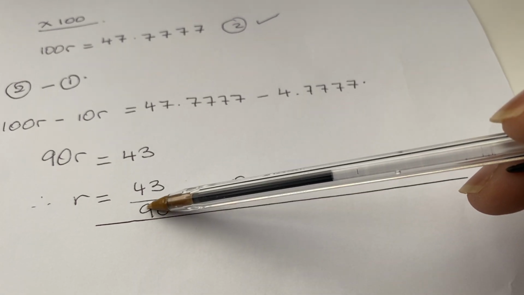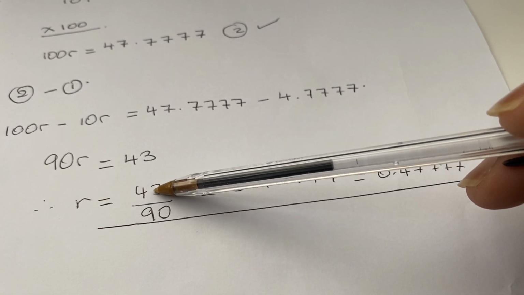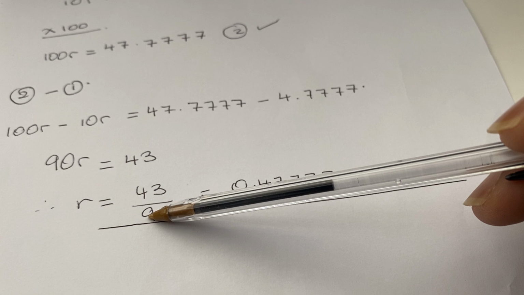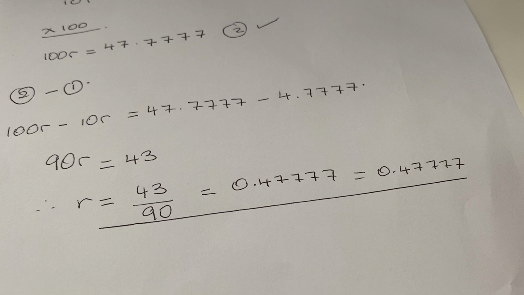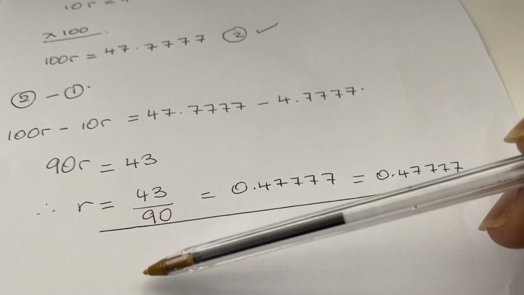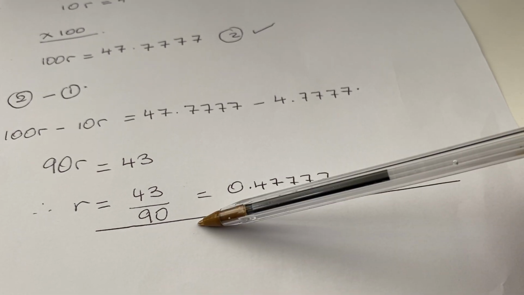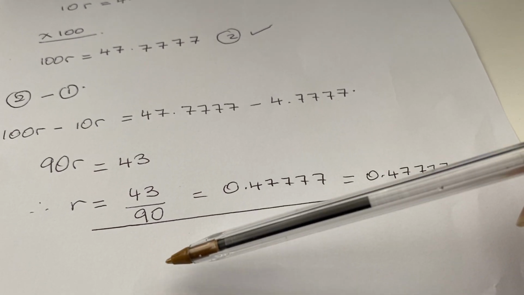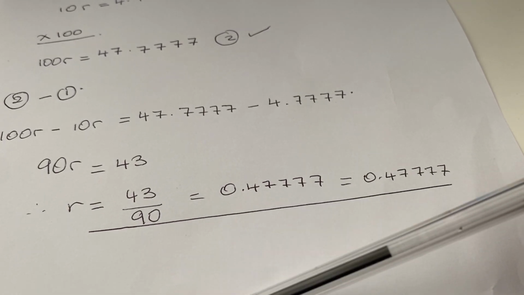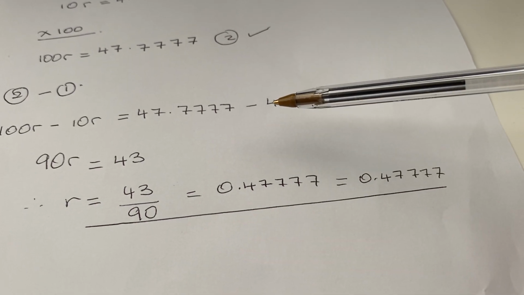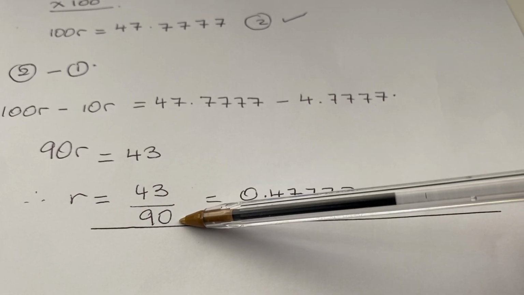Okay, but assuming we had 43 over 80, then it will terminate, because 80 is 8 times 10, or 2 times 2 times 2 times 10, or 2 to the power 4 times 5. Okay, so these are some of the things you should look out for.